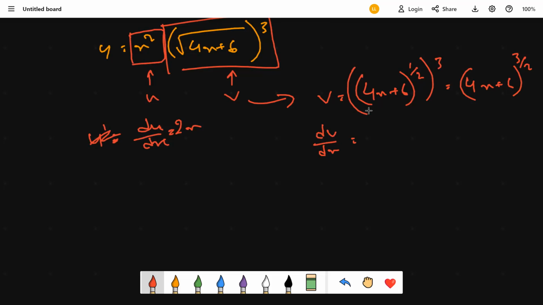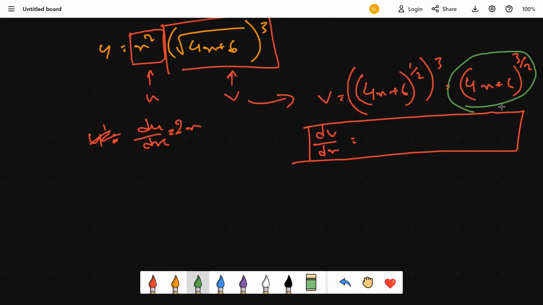Before differentiating v, there's one more thing we should deal with first. This is a bit of an advanced part. Here two rules are actually implemented. One of them is obviously the product rule. But before that, we need to know how to differentiate this expression as a whole.